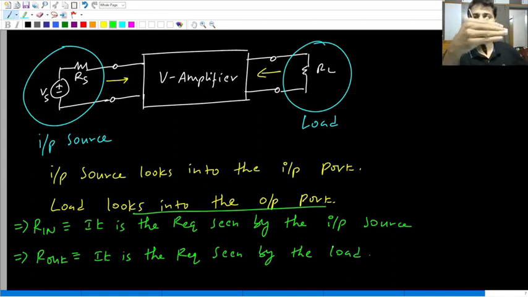So when the load looks into the output port, whatever equivalent resistance the load will see, that is the output resistance. I hope these two new definitions are clear. What is the input resistance? It is the equivalent resistance seen by the input source. And what is the output resistance? It is the equivalent resistance seen by the load.